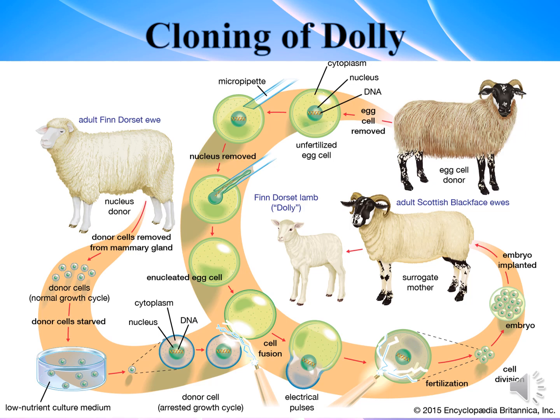Even though Dolly was given birth by the Scottish Blackface ewe, it did not show any resemblance to her, but it was like the Finn Dorset ewe. It was identical to the Finn Dorset ewe because the nucleus was taken from her. Why did it not show any resemblance to the Scottish Blackface ewe?